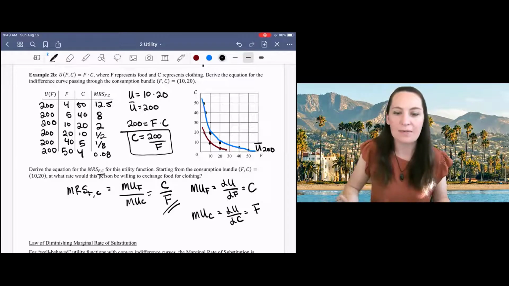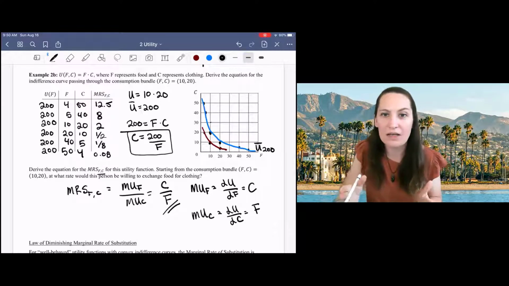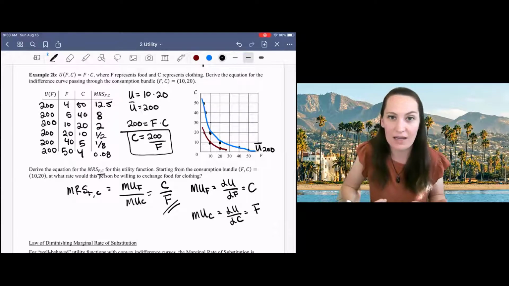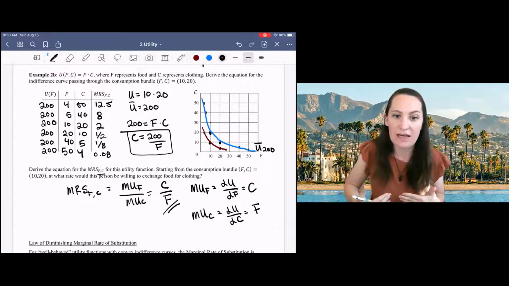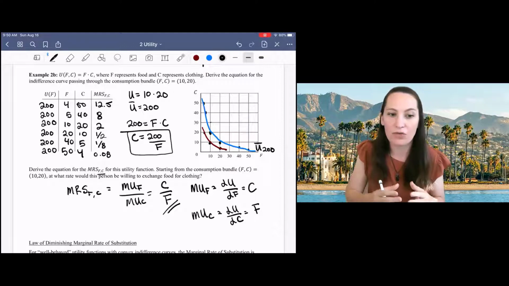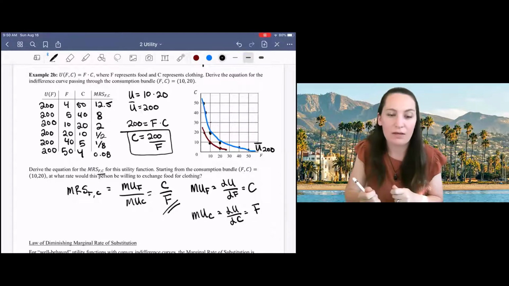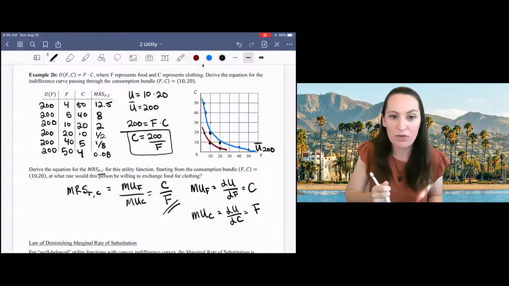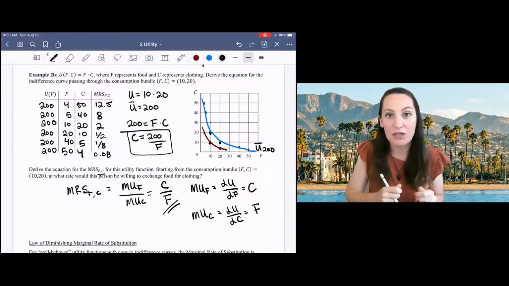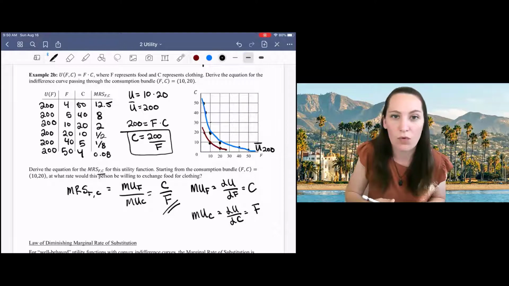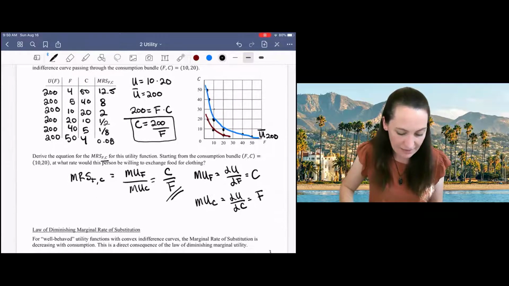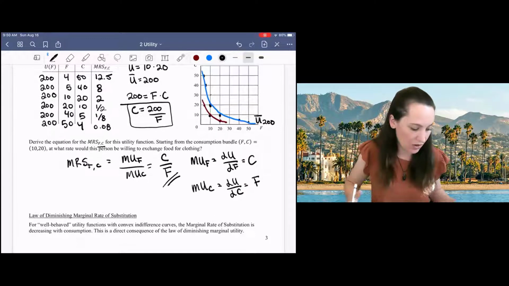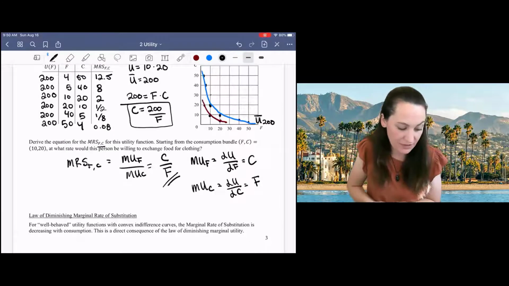And the reason is because as I consume more and more food, each unit of food is worth less to me in terms of marginal utility. And so the trade-off between the marginal utility of food and the marginal utility of clothing is changing as I consume more and more food. So this can be summed up here with this law of the diminishing marginal rate of substitution.